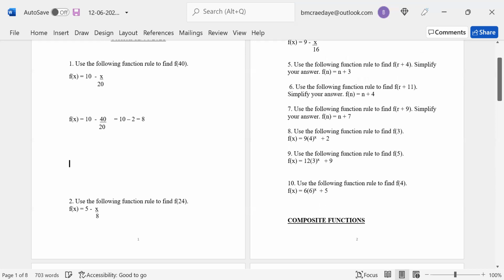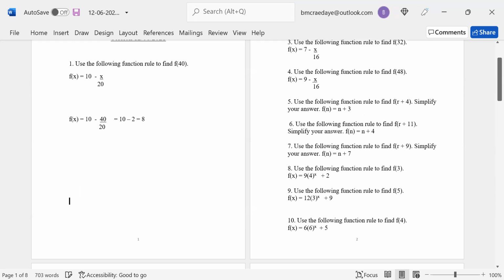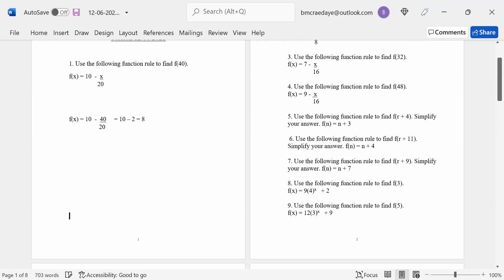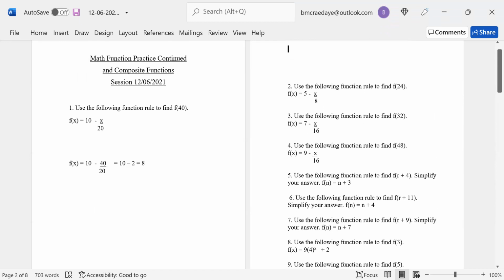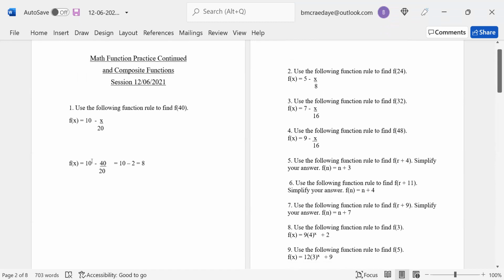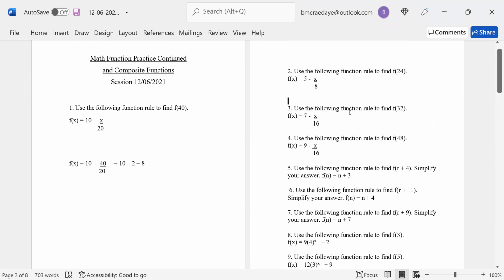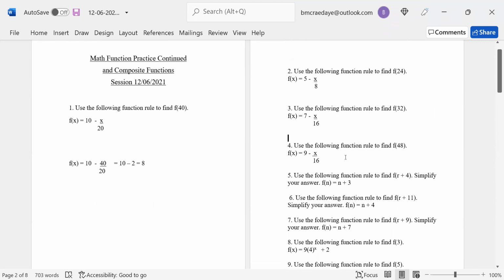Let me just go to the next page. I want you to do number 2, number 3, number 4, and give me the answers. Okay, there's number 2, getting harder and harder. There's number 3. Latoya, you good? There's number 4.